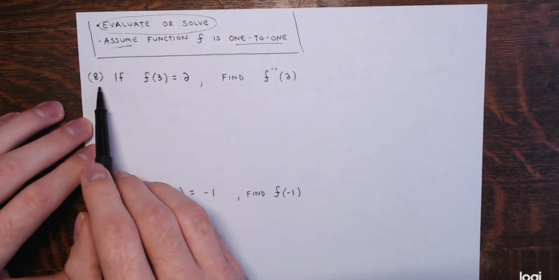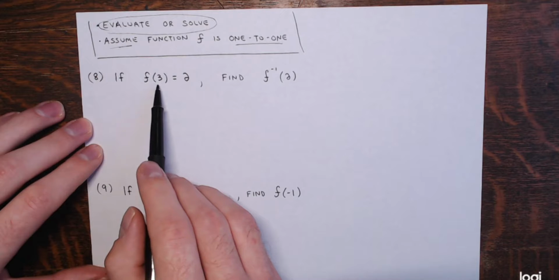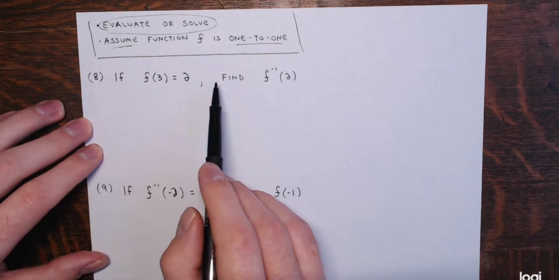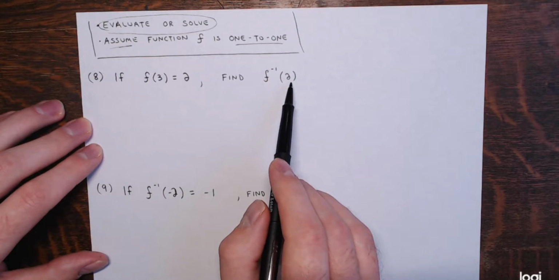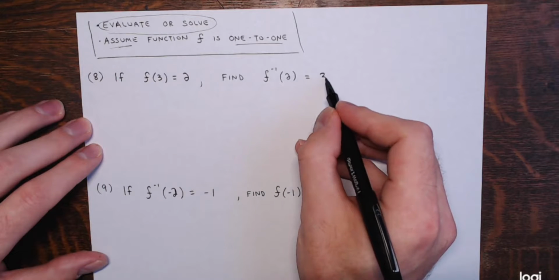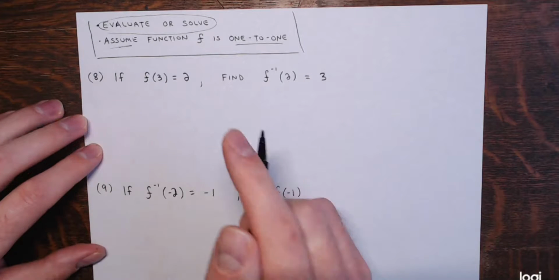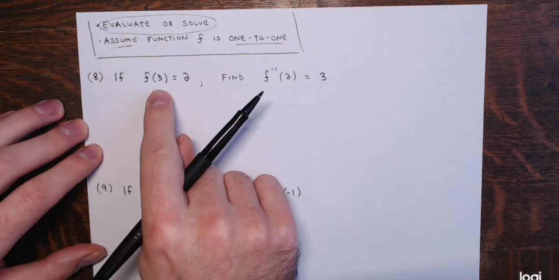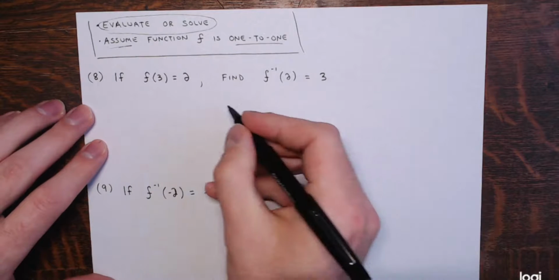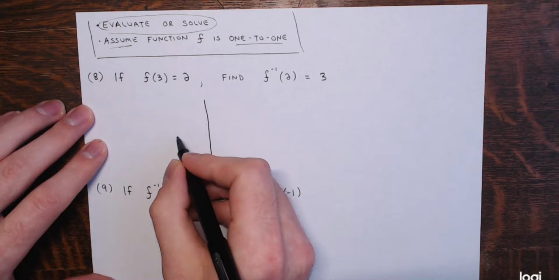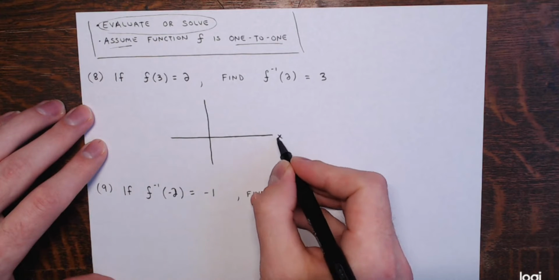So number 8, if f of 3 is 2, what would be f inverse of 2? Well, that'd be 3. It just goes right back, right, just reverses the mapping. If f of 3 is 2, I mean this is kind of silly what I'm doing, but you can do this if you wish. Here's the xy plane.